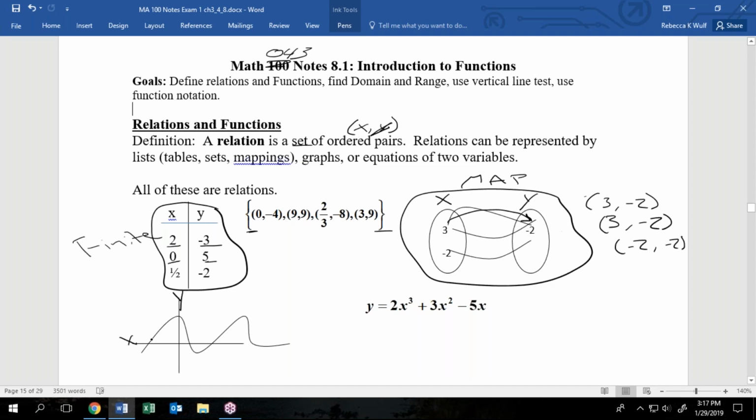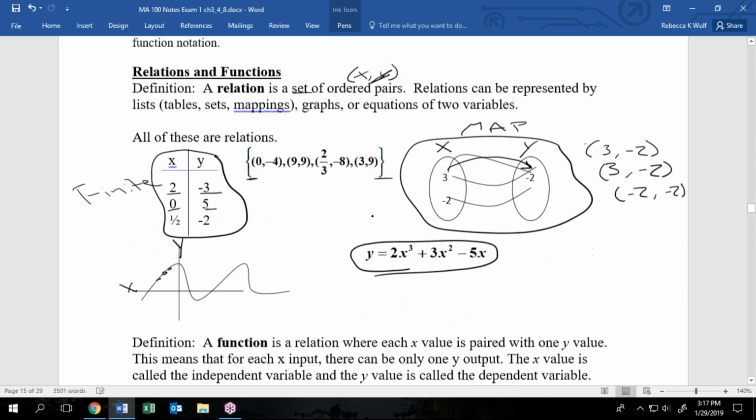We don't know what the equation is, but all of these points represent ordered pairs as well. Or since this is an algebra class, we might just have an equation. The relationship between x and y is often just given as an equation. Those are all examples of relations. As I said, the tricky part is, what way am I going to give it to you?